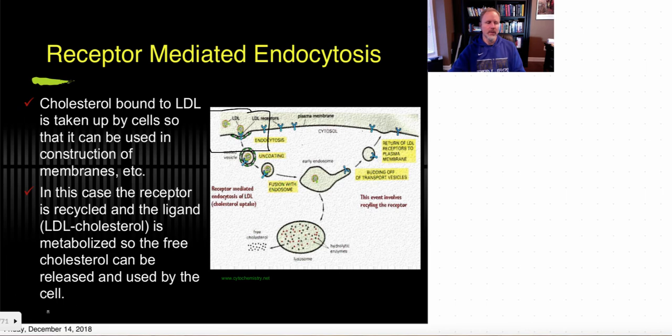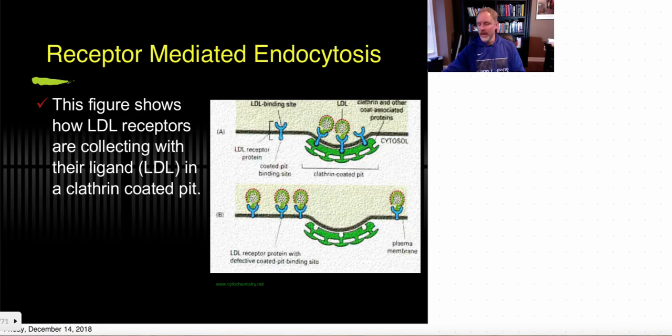And you can see here it's a blown up region of this right here. As we look at it, you can see the LDL cholesterol molecules are going to bind with these LDL receptors. You have this clathrin-coated pit, which is going to invaginate inward and form a vesicle, and that's what's going to cause the cholesterol to be lowered.